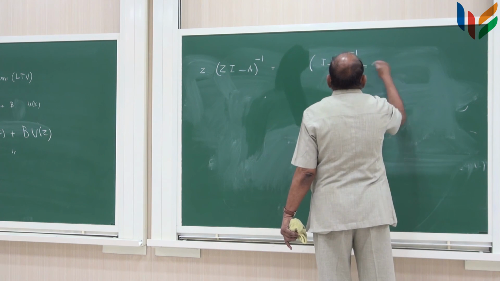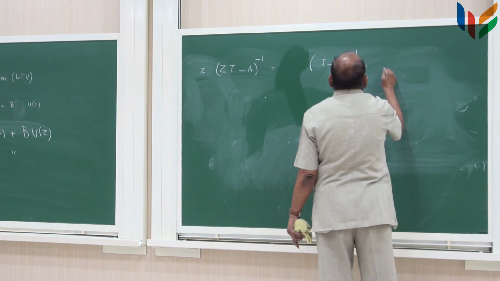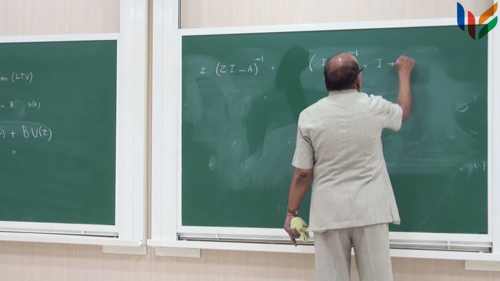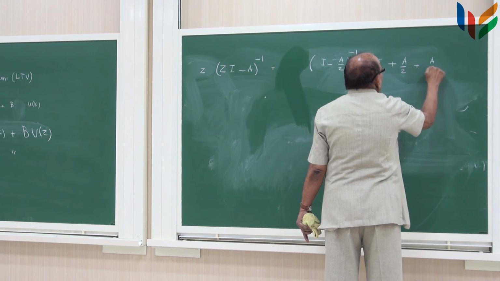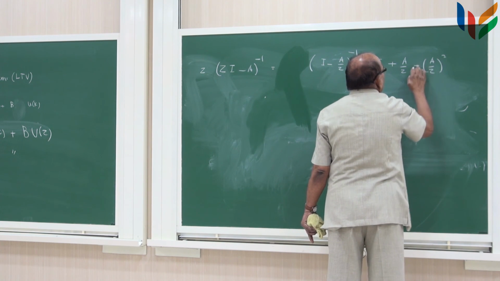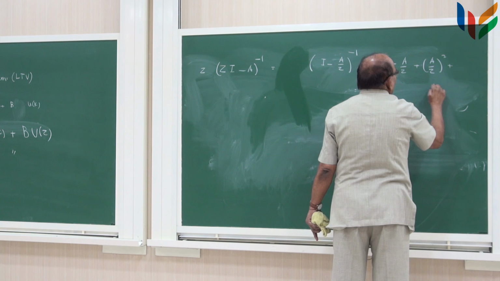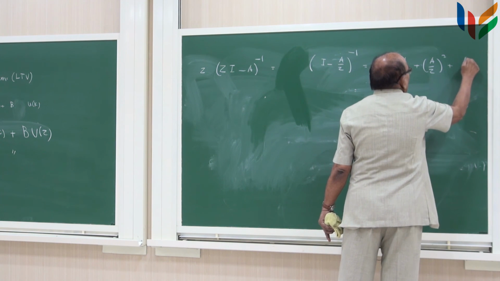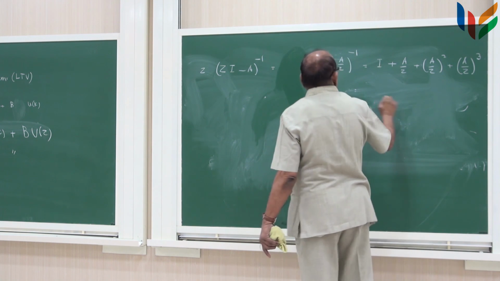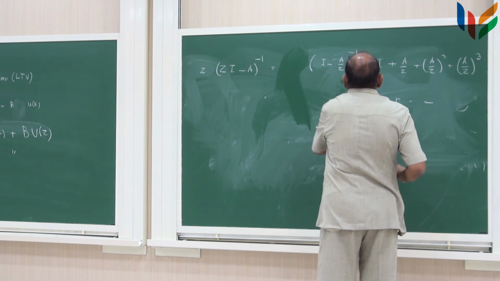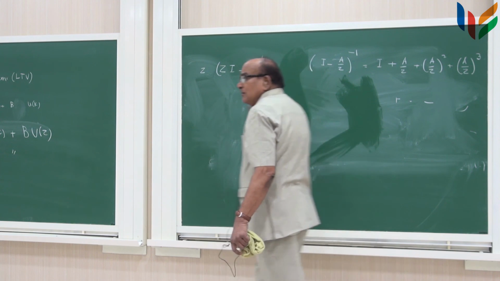So I can now write the inversion of that as I plus A by z plus A square by z square, no factorial 2, that's all, plus and so on and so forth. We did this in state variables in 101.